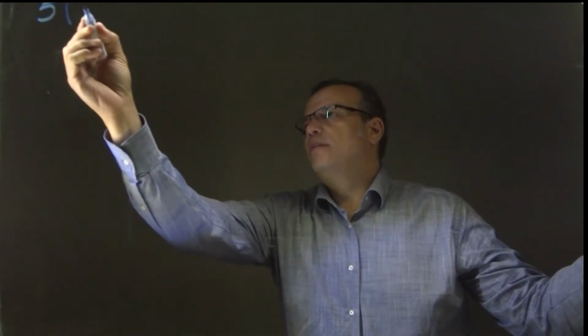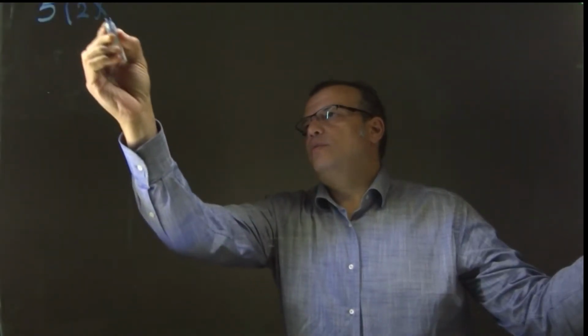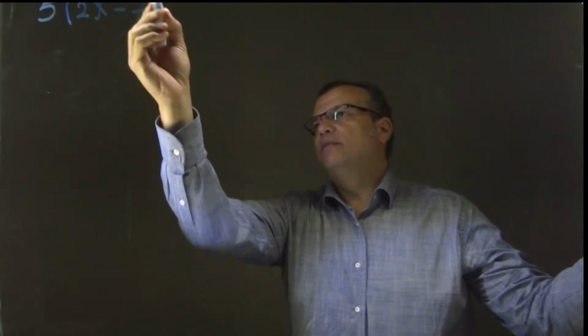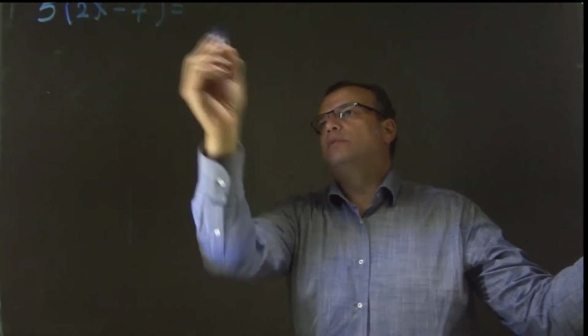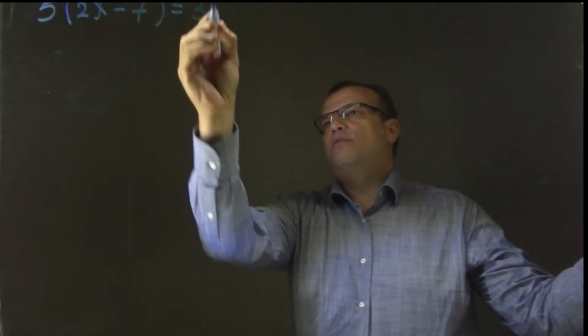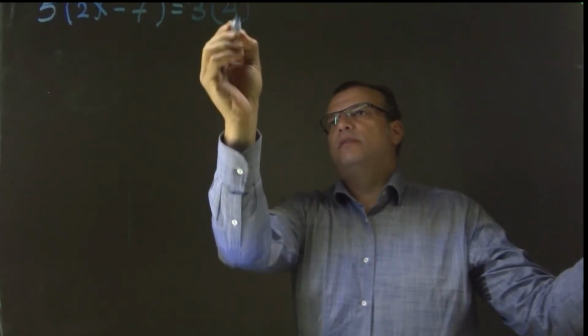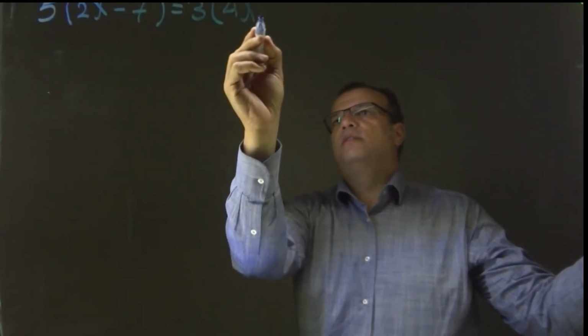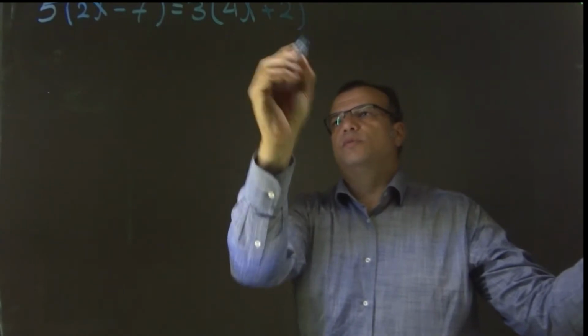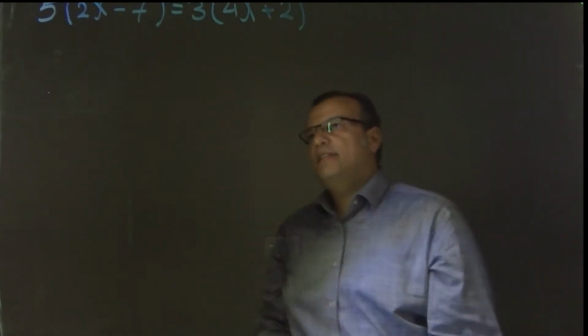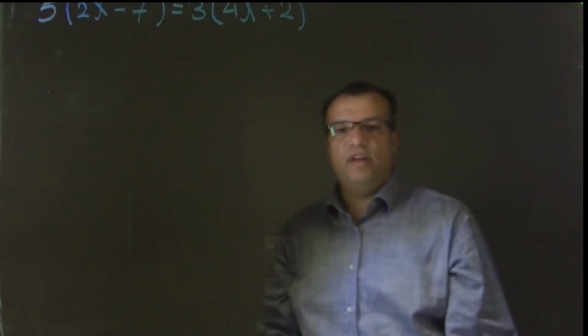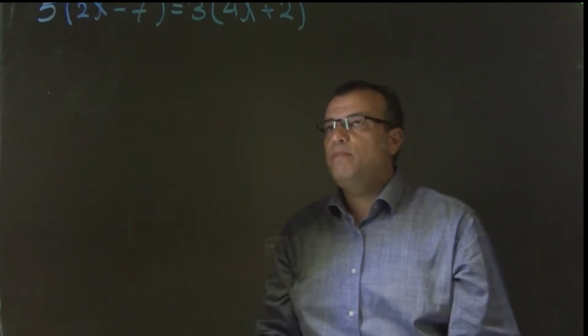Okay, let's move to another equation: 5(2x - 7) = 3(4x + 2). In this case, how can I find the value of x? First, we have a big problem here.